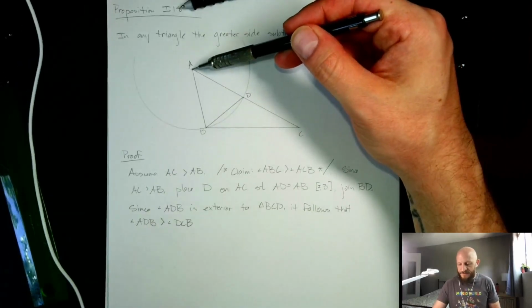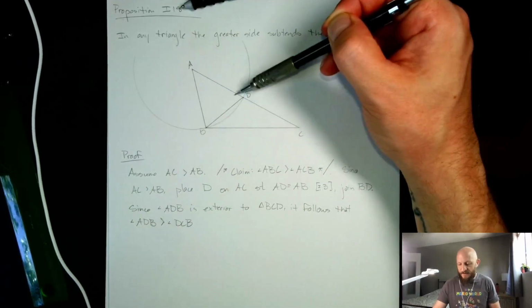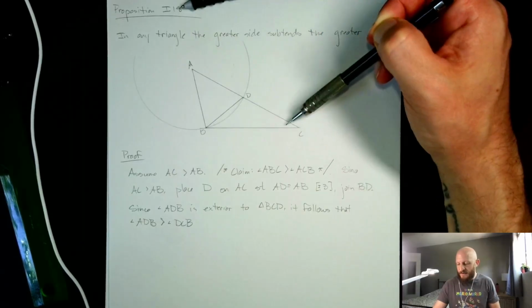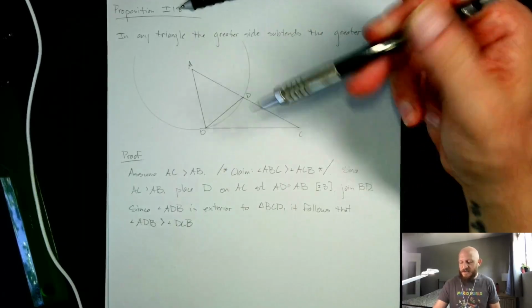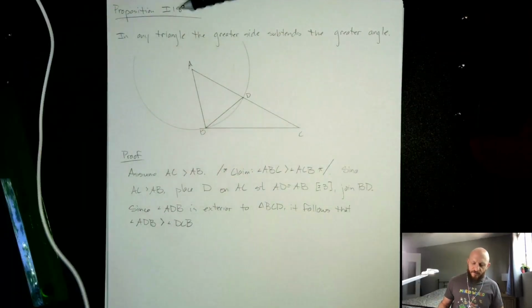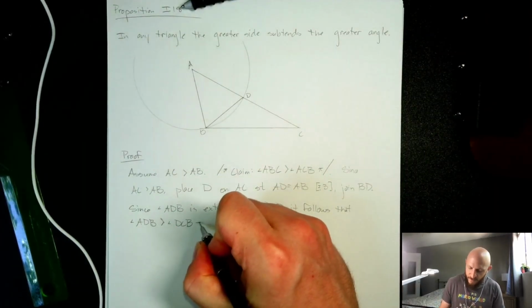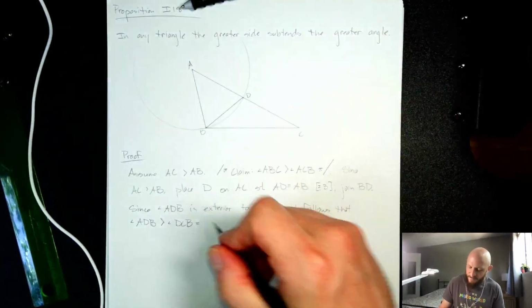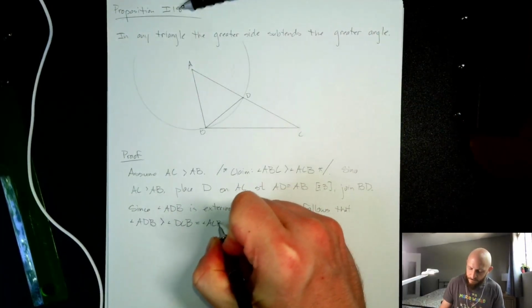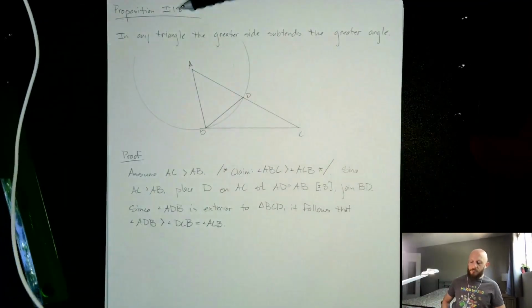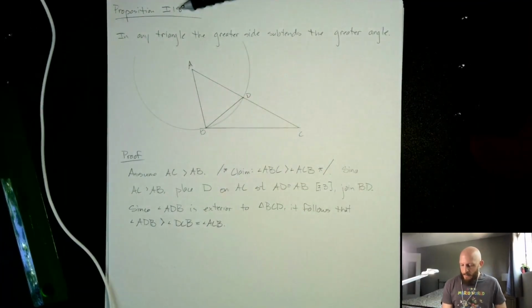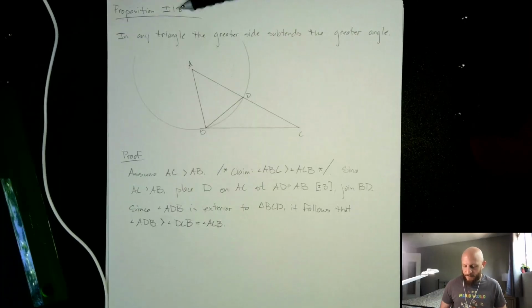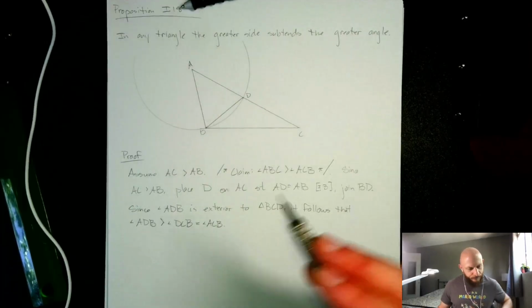So, what did we just say? Angle ADB, this angle right here, is larger than this bottom right angle, DCB. And this is what Euclid writes, and here I'll make a note that angle DCB is angle ACB. Right, so we're getting some part of what we need here.